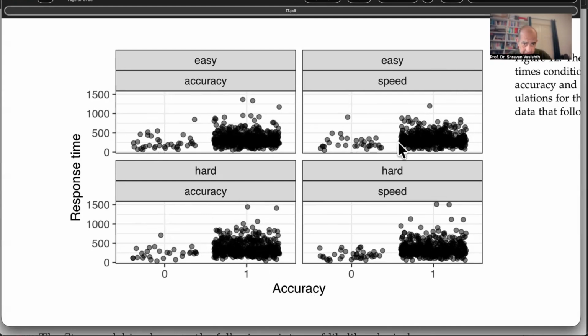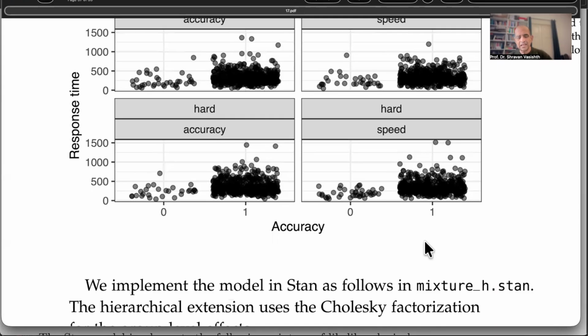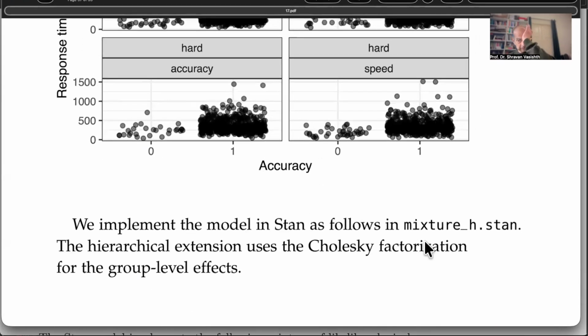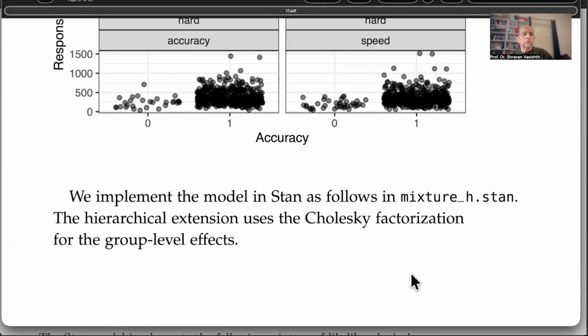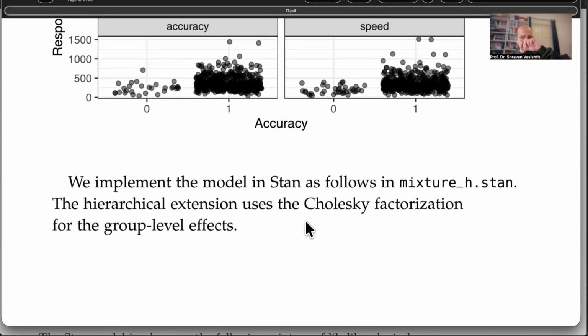There are some slow values here which are more compressed over here, but I can't really visually tell the difference between these two. This should have been a little more compressed. Maybe one needs to adjust the parameters for simulating the data, but it's roughly in the ballpark, so it's okay.